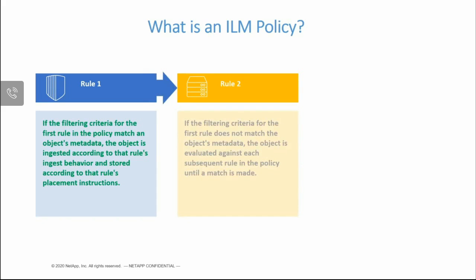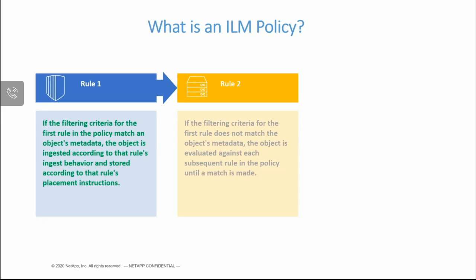So the filtering criteria obviously goes against the object metadata, and it will evaluate against it. So if there is a match there, then this rule will apply to it, hence apply any of the conditions that we mentioned in the rules example in the last slide. So if it can be met, it will apply the conditions under rule 2.